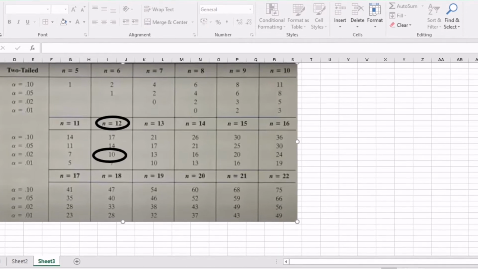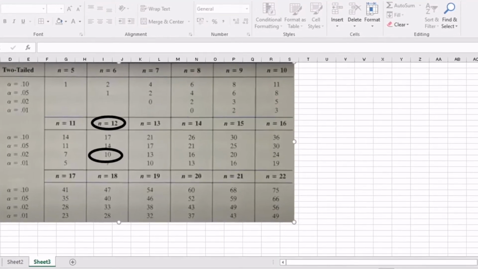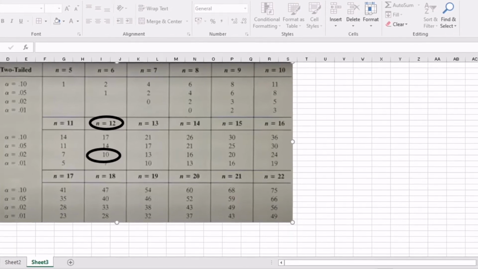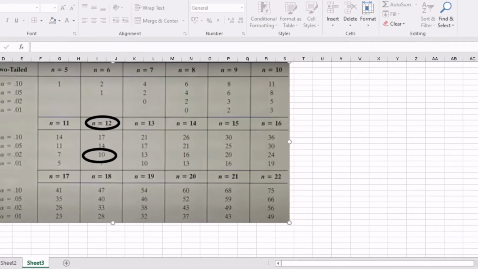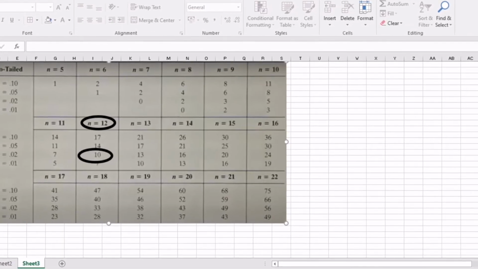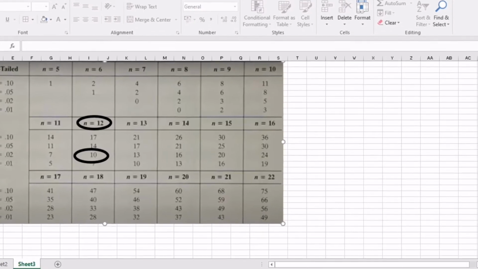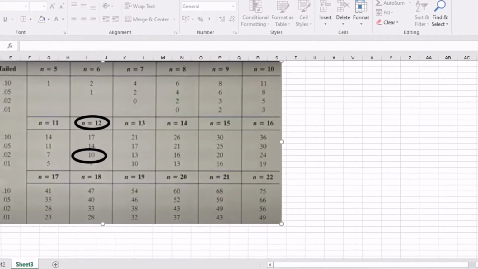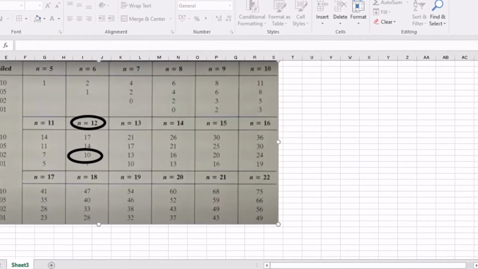Now, the sum of the negative is negative 78, and the sum of the positive rank is 0. Then let's proceed with the null hypothesis: there is no significant difference between the pre and the post 3-week strength program, while the alternative is that there is a significant difference between the two.